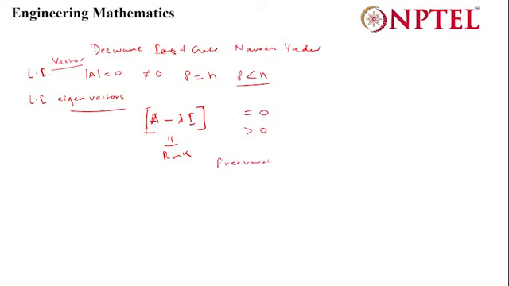Free variables, or the number of linearly independent eigenvectors, is equal to the number of columns minus the rank of this matrix.